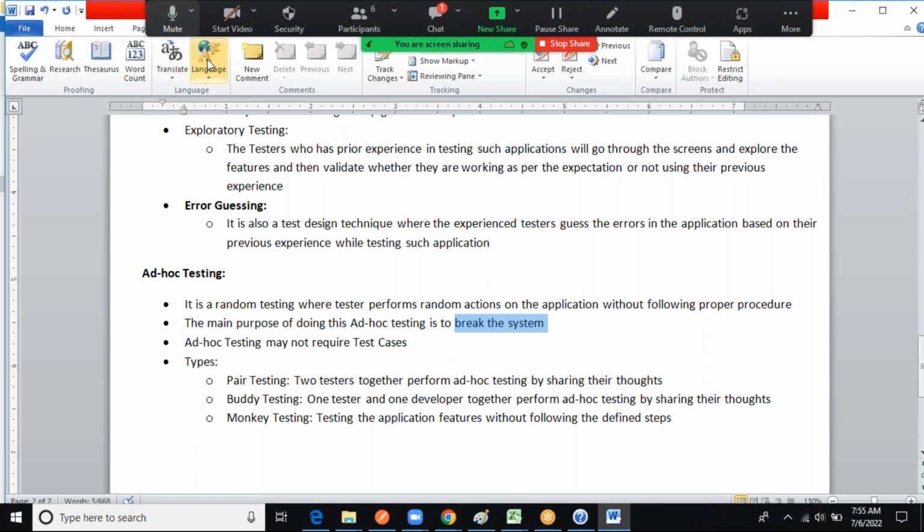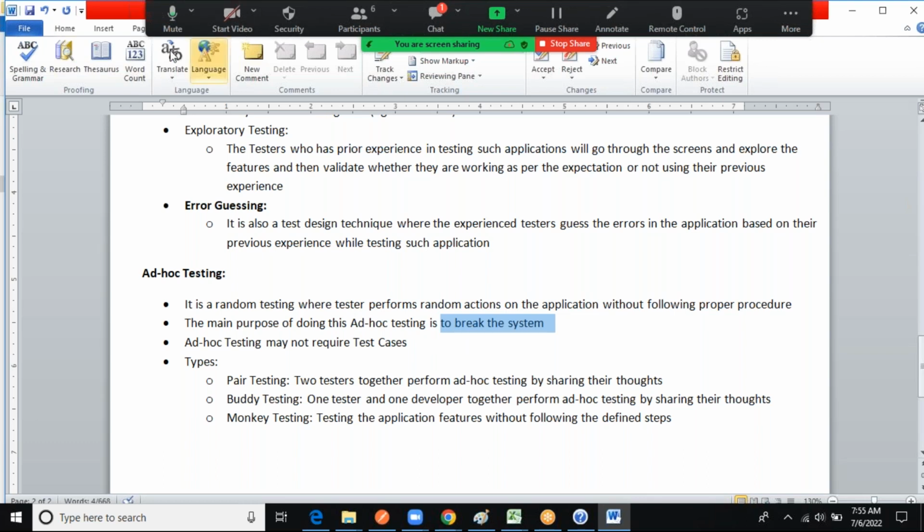Okay, so this kind of random actions you will be doing. To break the system, why I'm saying this is, if in these kinds of random actions the application is hanging or taking some time to respond, then it is an issue. That's what I mean by breaking the system.